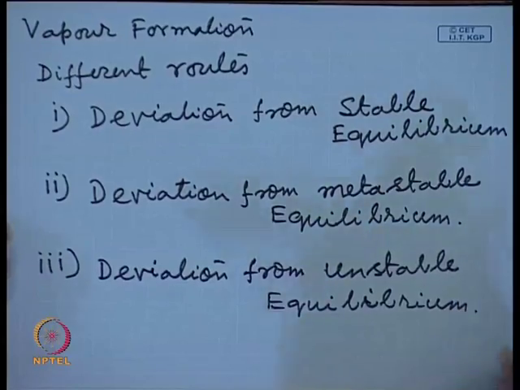So, let us examine case by case all these three different routes of vapor formation. Now, you see, first let us see deviation from stable equilibrium.